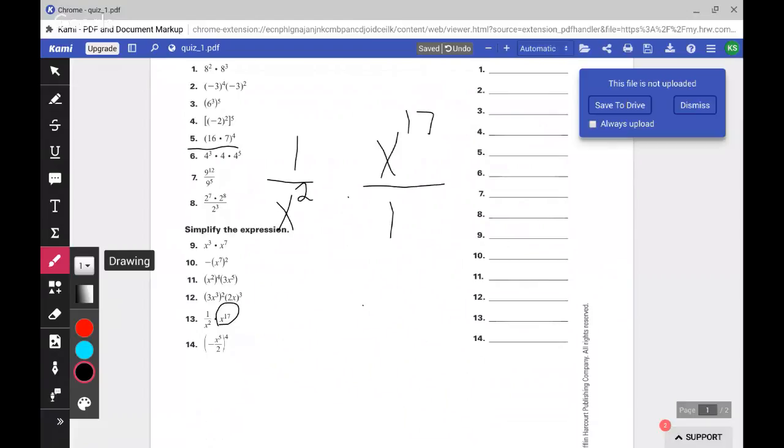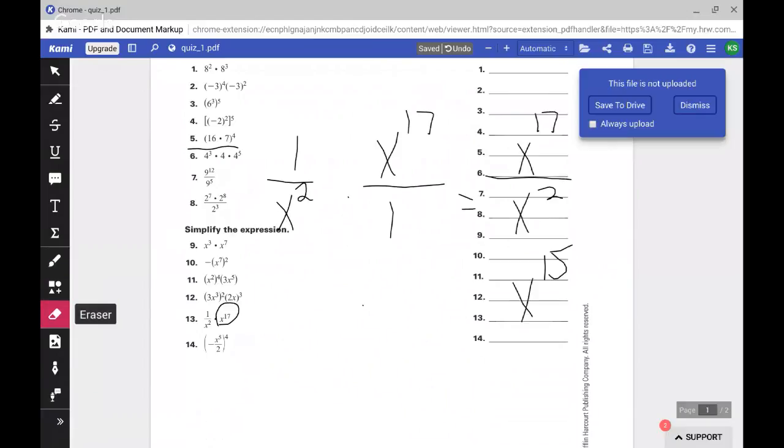And a whole number expressed as a fraction is always, if you're trying to make it a fraction in order to line up with the other, there's a 1 underneath. So if you simplify this first, you should come up with x to the 17th over x squared. So now it's just a quotient problem. So we subtract the exponents. So 17 minus 2 is x to the 15. So your final answer for number 13 was x to the 15th.